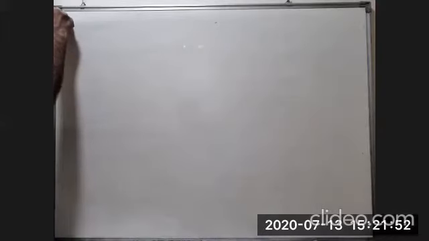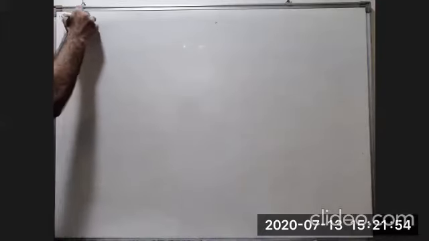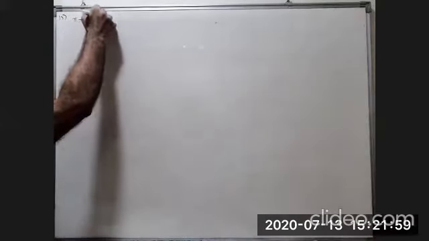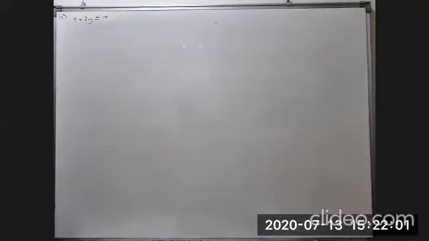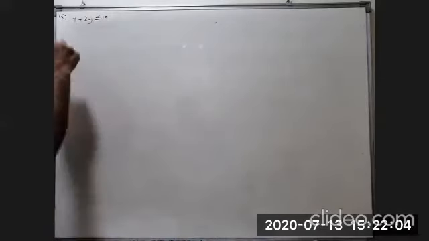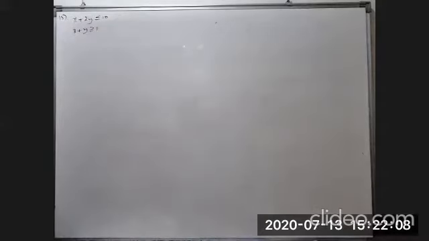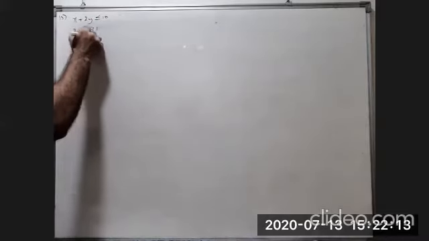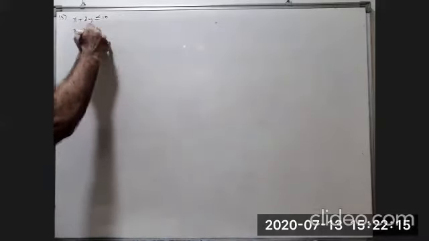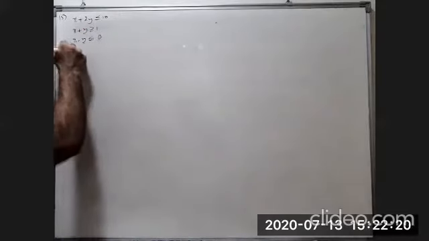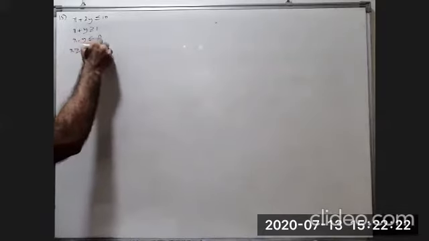So question number 15: x plus 2y less than or equal to 10, x plus 2y is equal to 10, x plus y greater than or equal to 1, x minus y less than or equal to 0, x greater than or equal to 0, y greater than or equal to 0.